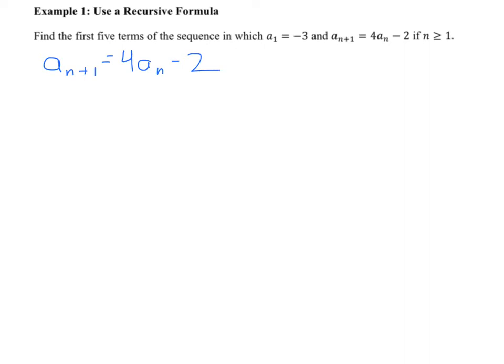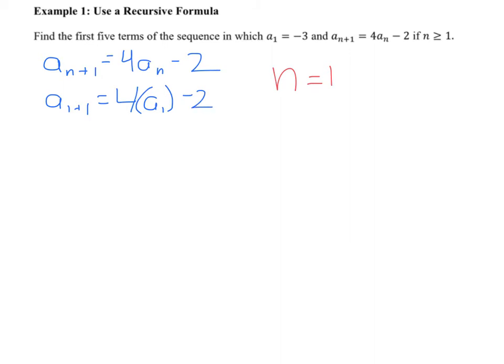So for the first term, we're going to go ahead and say, okay, n we know is 1 in this case for the first term. So we can go ahead and mark that over here. We're going to say n equals 1. And then we're going to go ahead and plug in what we know. So we have equals 4 times a sub 1 in this case, because we're using n equals 1, minus 2.